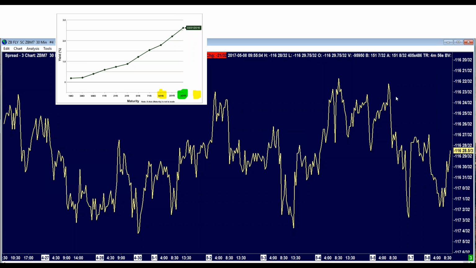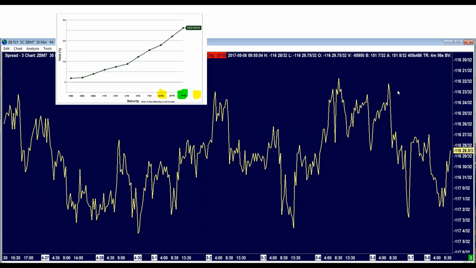What I want you to understand with this chart right here is we're looking at the relative value of the 30-year future contract, how it looks against its neighbors. So right here, the ZB is expensive, but it's only expensive relative to the 10-year and relative to the ultra. Down here, the 30-year is inexpensive relative to the ZN and relative to the UB.